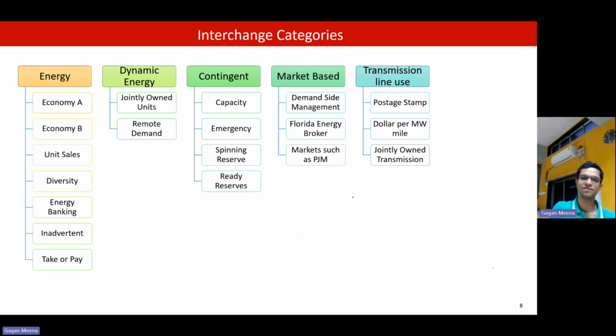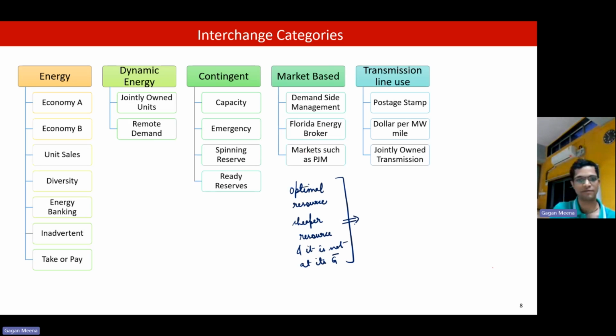These are the different methods. Let's say I have an optimal generating resource, a cheaper resource, and it is also not at its maximum limit.